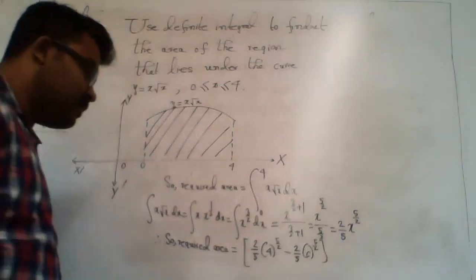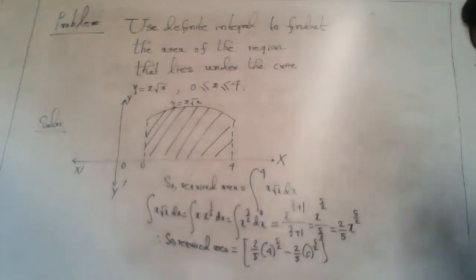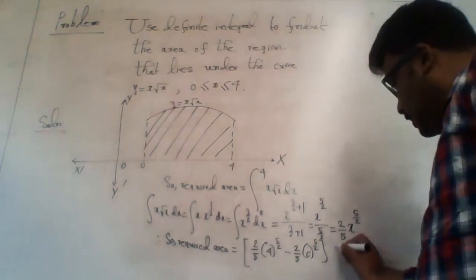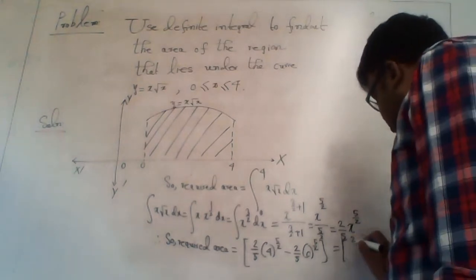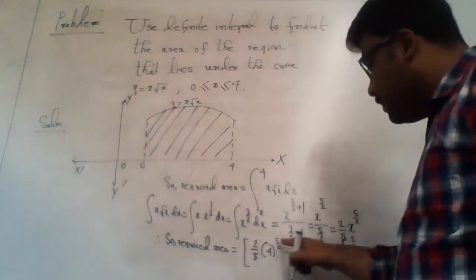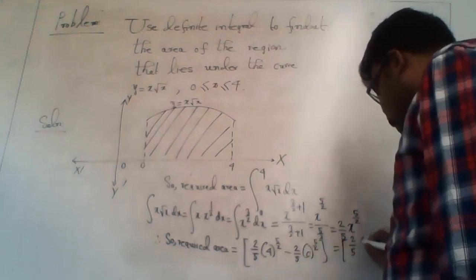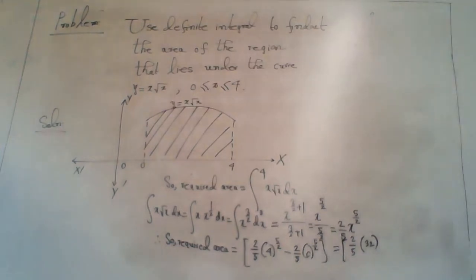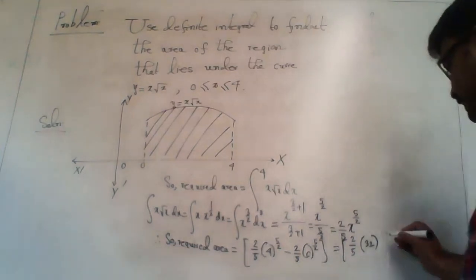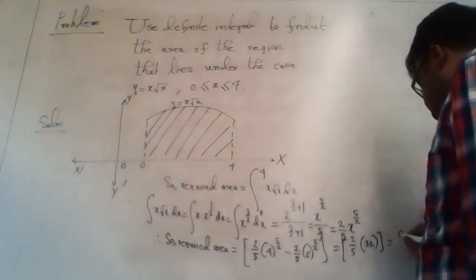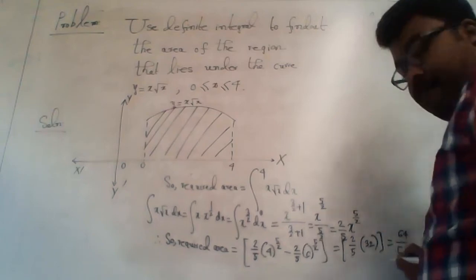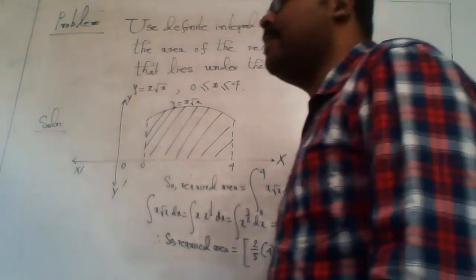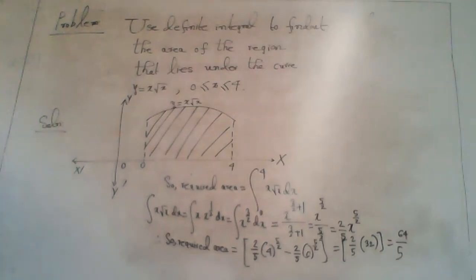So this is equal to 2 by 5 times 4 to the power 5 by 2, so that means it will be 32. You can use a calculator. So it will be simply 64 by 5, and if you use a calculator you can easily find the exact value.